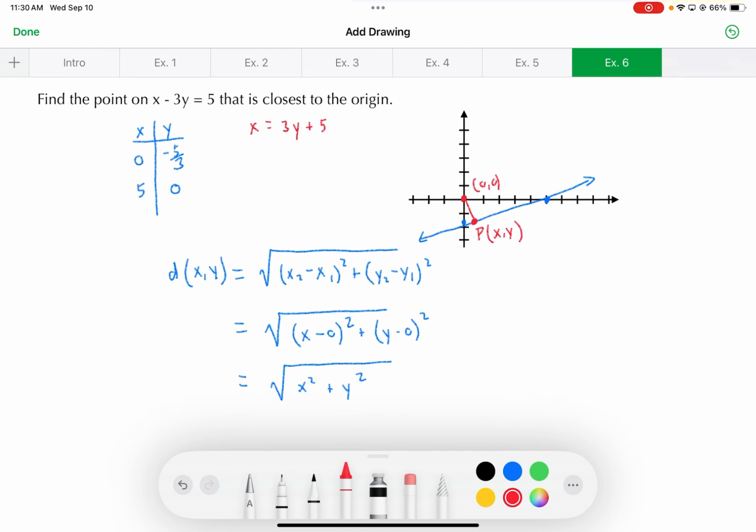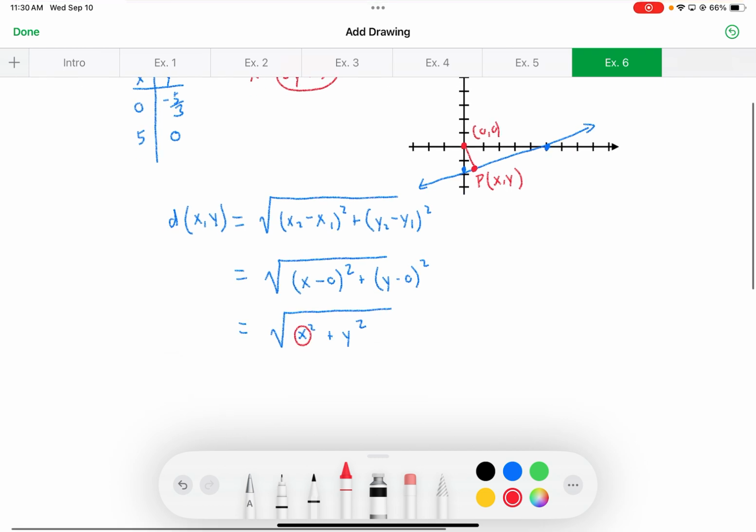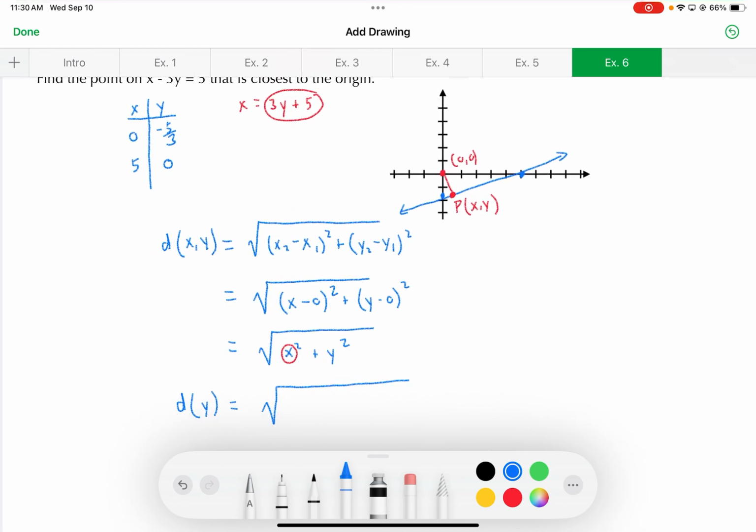Okay, so I'm going to take this 3y plus 5, and I'm going to substitute it in down here. So now the distance will be expressed solely in terms of the y value of my point. The square root of 3y plus 5 raised to the second power plus y squared.